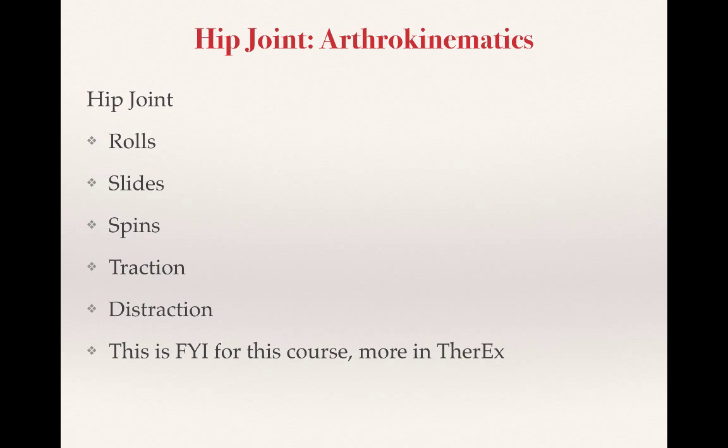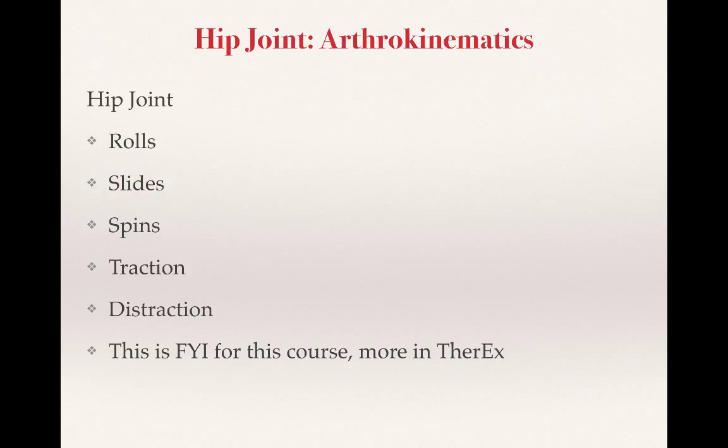I'm going to mention arthrokinematics in this lecture and probably not in any others that come along in this semester. But I do want you to have an idea of arthrokinematics because they are essential for normal osteokinematics. Arthrokinematics occur between the articulating surfaces and are necessary for normal movement.